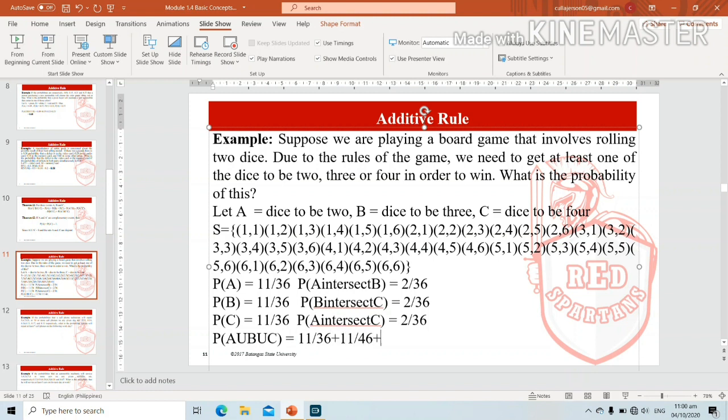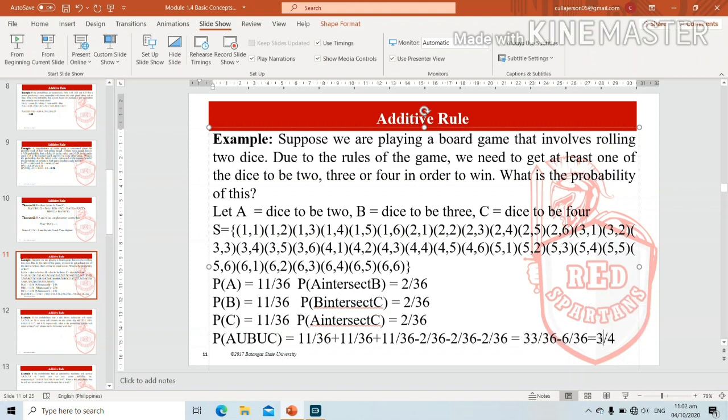Kunin natin yung probability ng A union B union C equal to 11 over 36 plus 11 over 36 plus 11 over 36 minus 2 over 36 minus 2 over 36 minus 2 over 36. So, 33 over 36 minus 2 times 3 is 6 over 36, or 27 over 36, equal to 3 over 4 or 0.75.